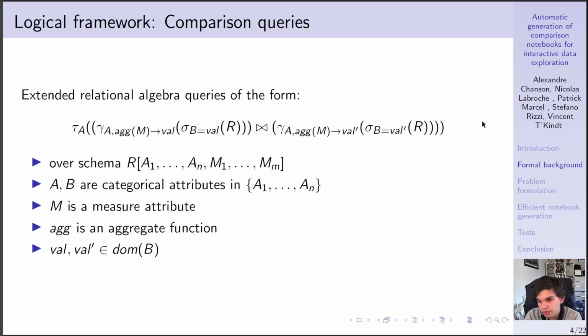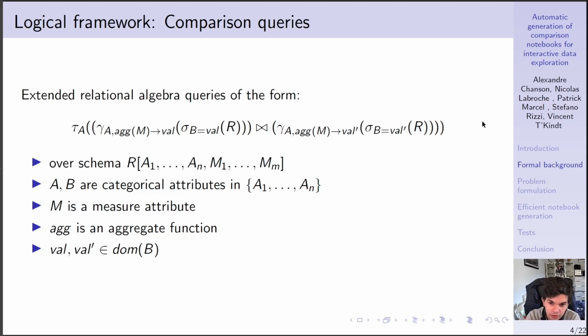Moving on to our contribution, our first contribution is a logical framework for defining comparisons, insight, and hypothesis using relational algebra as a basis. Comparisons are what users see during the exploration, so the results that are presented in the final notebook. It requires two categorical attributes: A, that is used as a group key, and B, from which two values are drawn in its active domain for the selection.